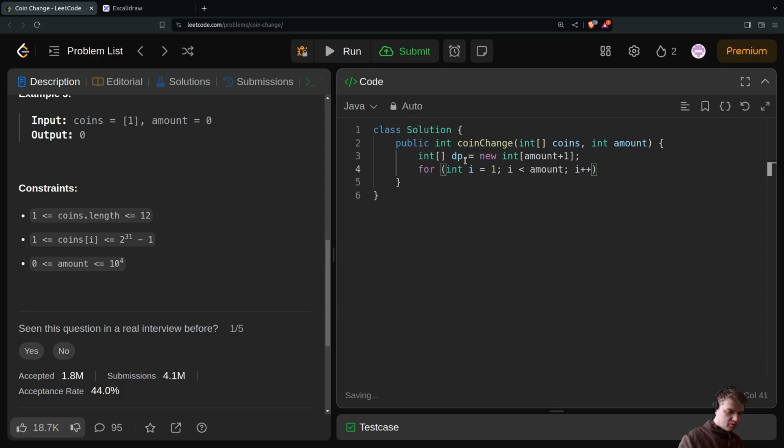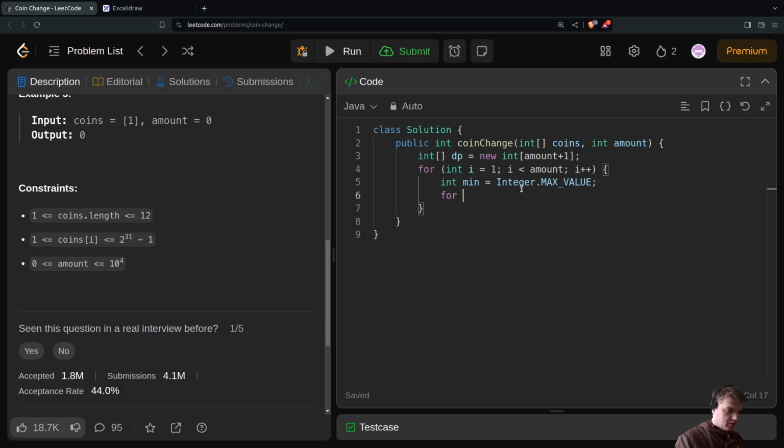Then I'll do int minimum equals integer max value.